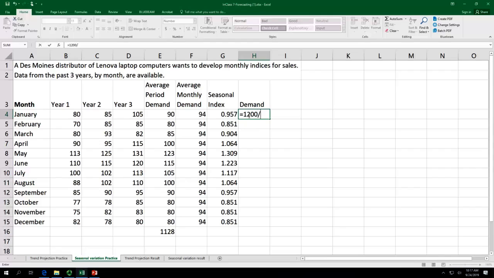So each month is 1,200 divided by 12. You use this number times the index. Okay. Can you hit the enter key?